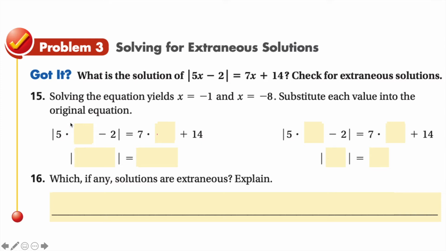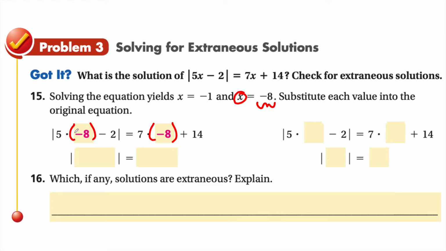So we have the absolute value of 5 times the negative 8 minus 2 equals 7 times, again, the negative 8, plus 14. The most important part is that we are going to use negative 8 as x in both positions. Now, personally, again, I would prefer you to use parentheses to plug things in, but it should still work either way.